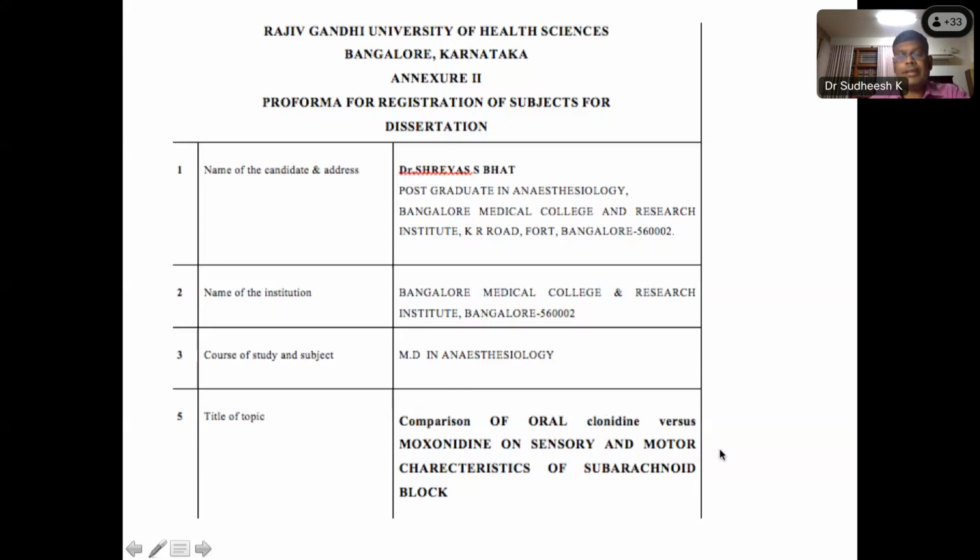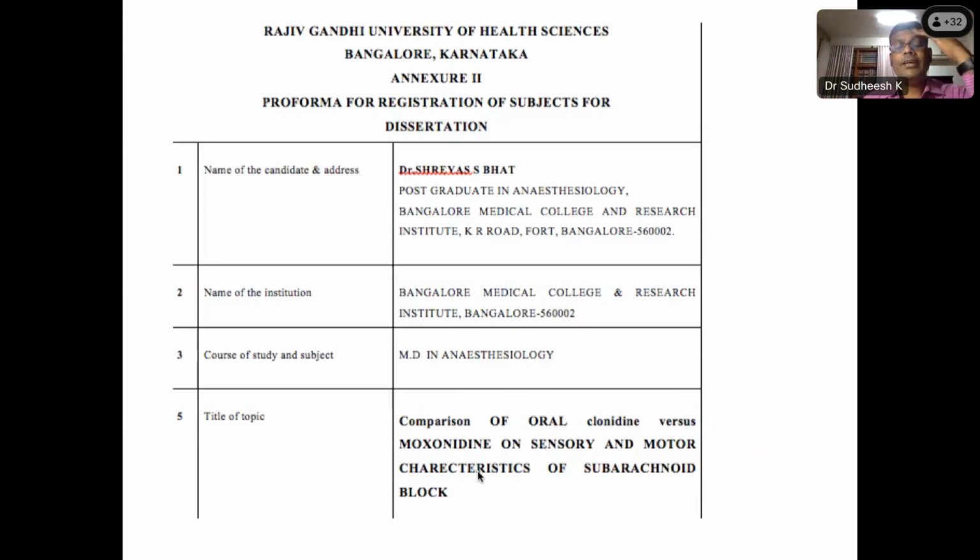And what is the outcome? The outcome is the sensory and motor characteristics. And T, we very well know that it's an intraoperative study, so the study duration lasts for only 24 hours. That's why it's not specifically mentioned.